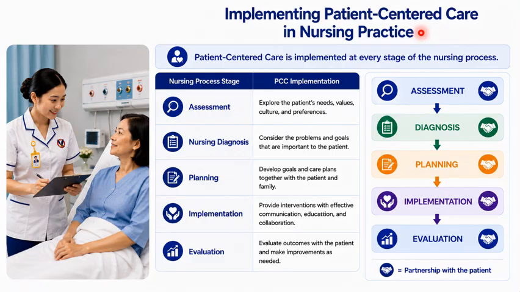One patient might be primarily worried about pain, while the other is more anxious about being able to work. After that, we move on to the third stage, which is planning. Here, we involve the patient and their family to set the goals for the care. For example, the patient is able to mobilize.